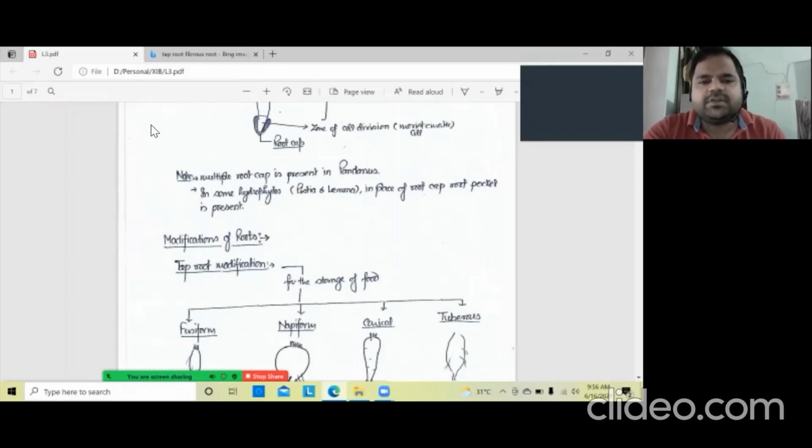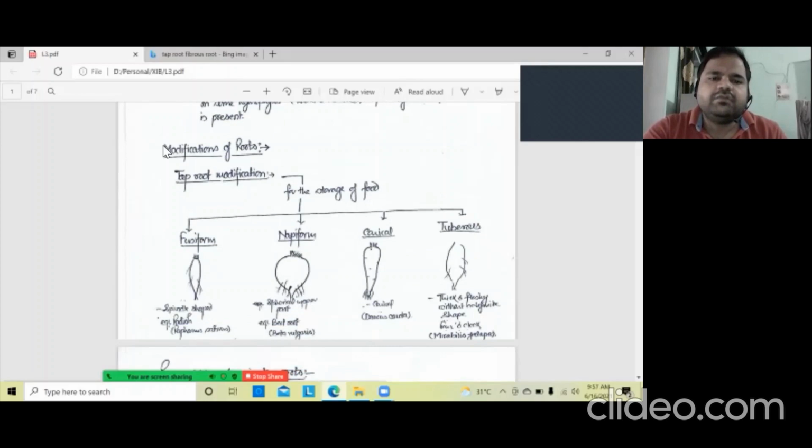The examples are Pistia and Lemna. These are not present in the form of a cap, they are present in the form of a pocket. Means these are enlarged structures compared to the root cap, but these root pockets are a modification of the root cap.